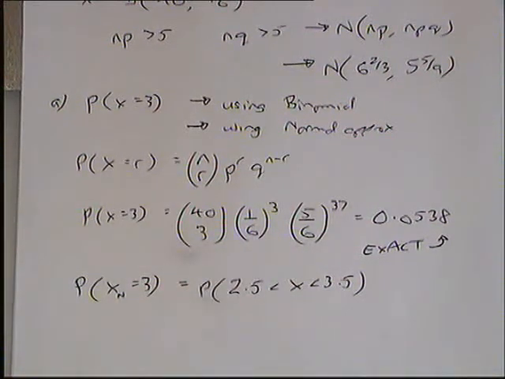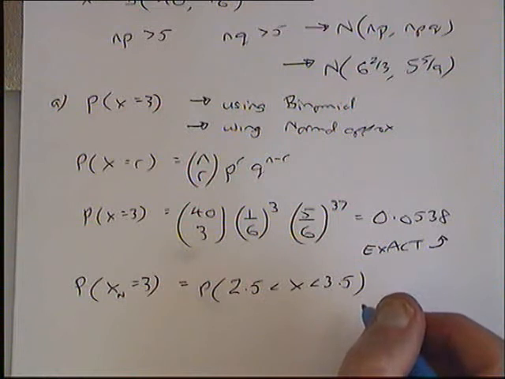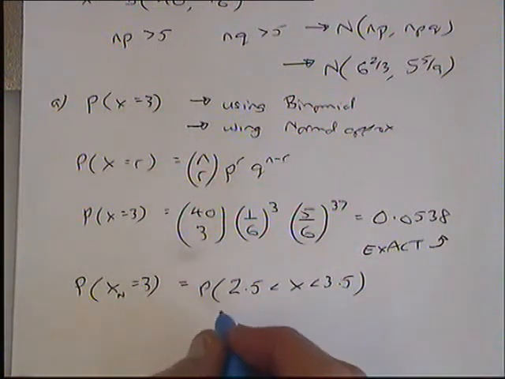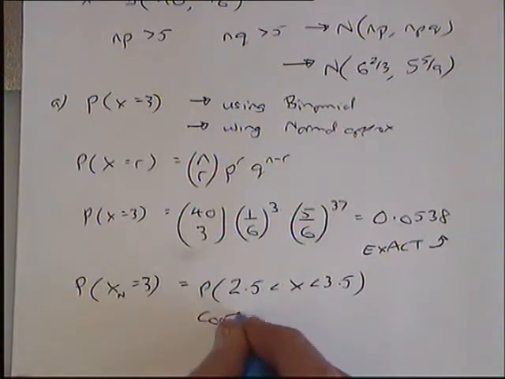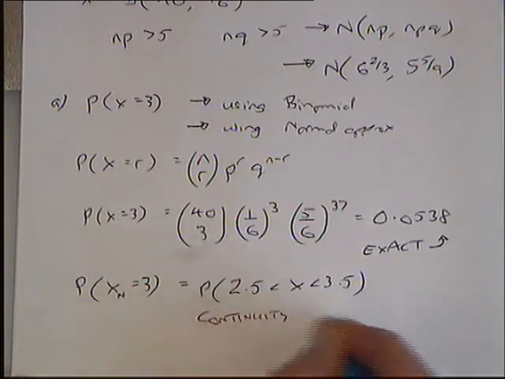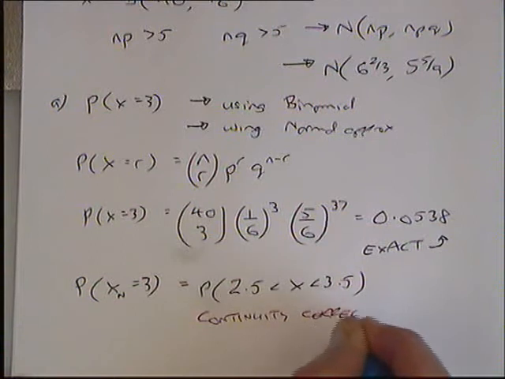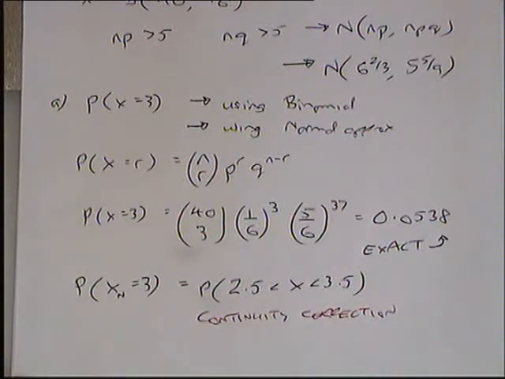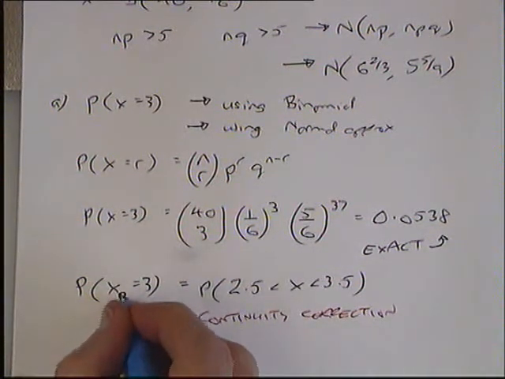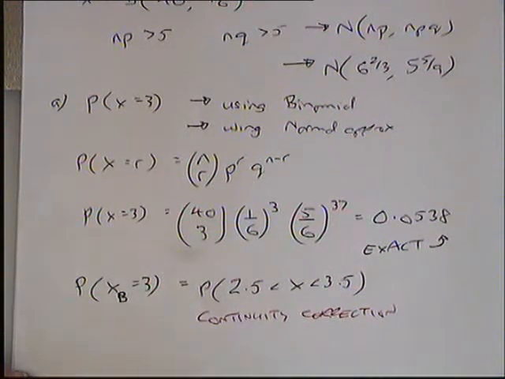And at this point, we have used something called the continuity correction. Actually, I'm going to change that n over there to be a b, since it's a binomial distribution of 3. For the normal distribution, we are looking between 2.5 and 3.5.